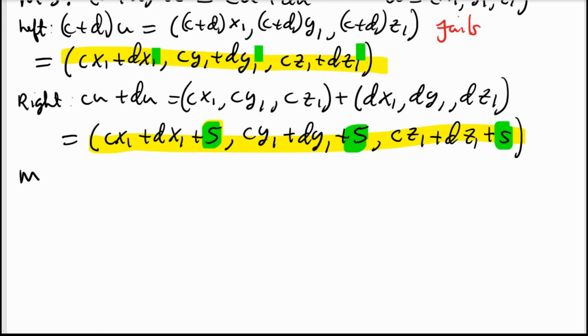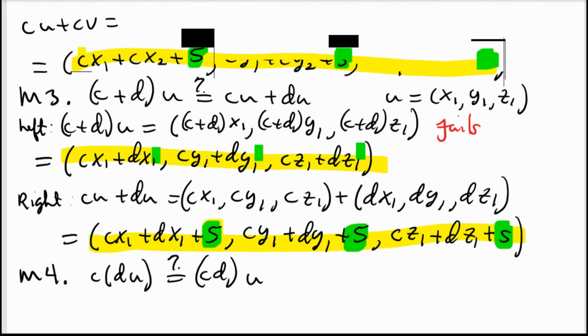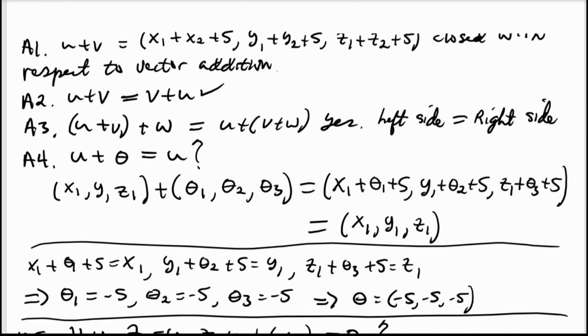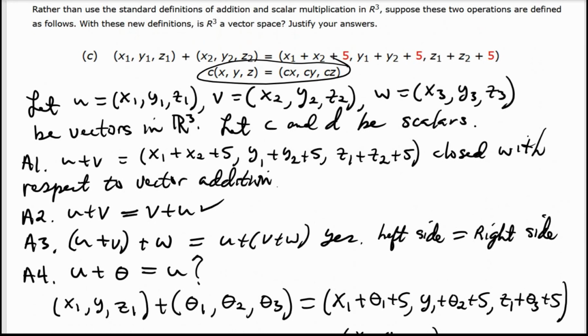So now M4. So c times d times u, is that the same thing as cd times u? So we're good with the scalar multiplication because it's defined in just the regular way. Yep.